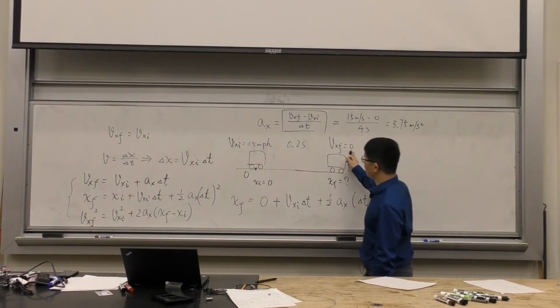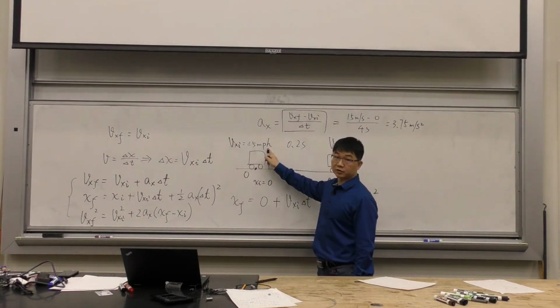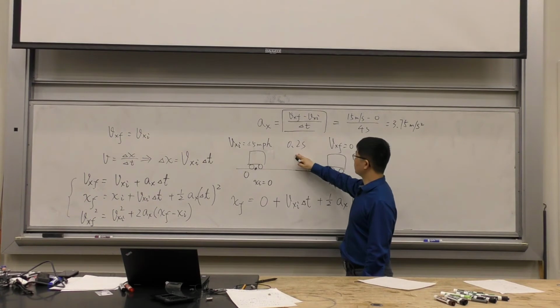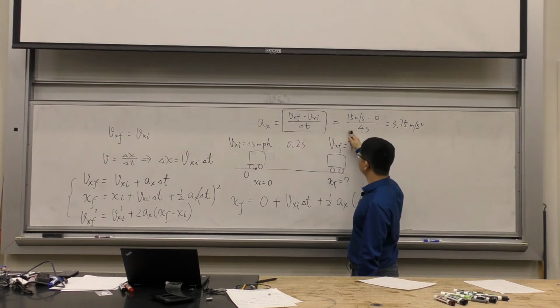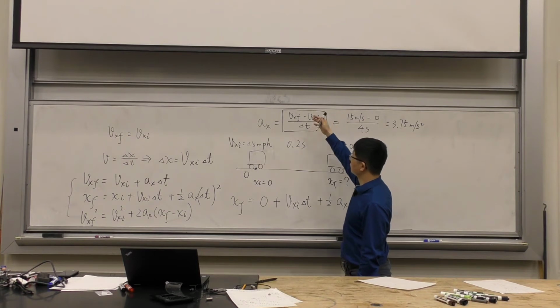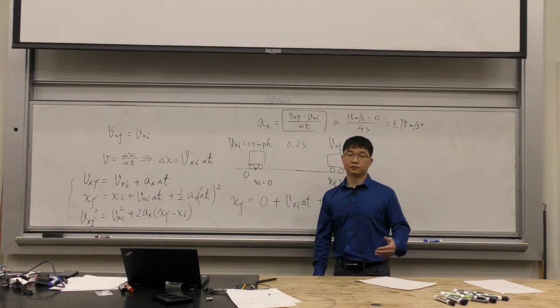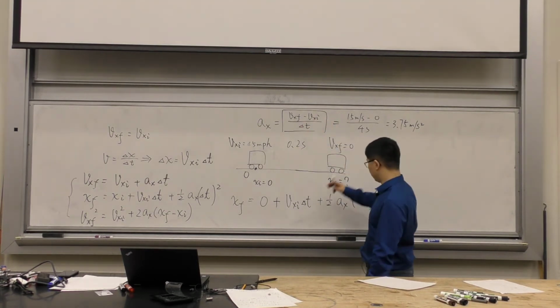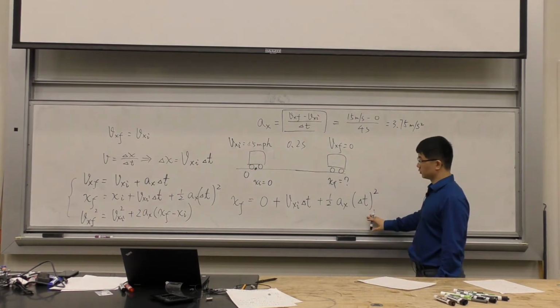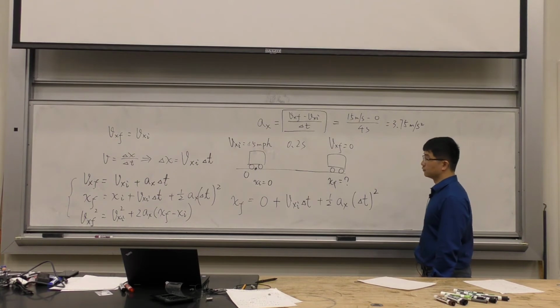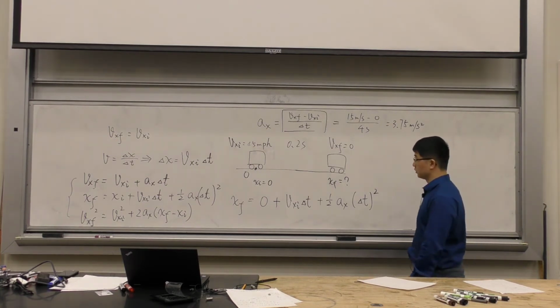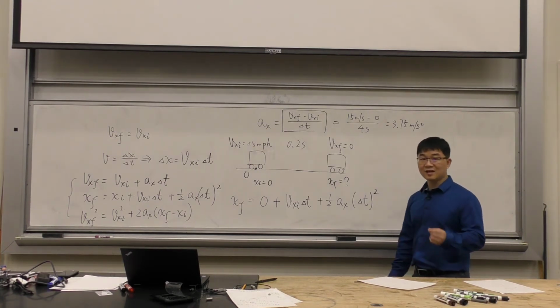So final velocity, initial velocity in meters per second, and the time is given. You will have all the numbers you need to plug into this rearranged equation to find the acceleration first, and then plug it into the second equation, and then you can find the distance the car travels.